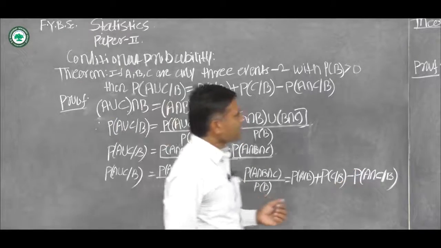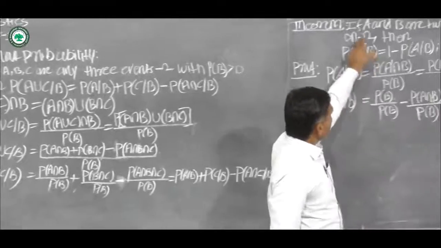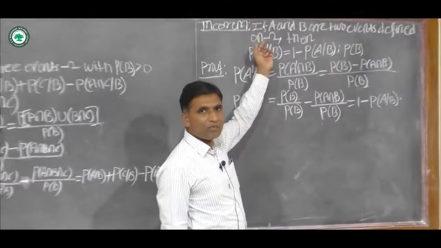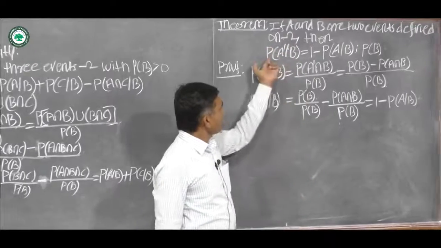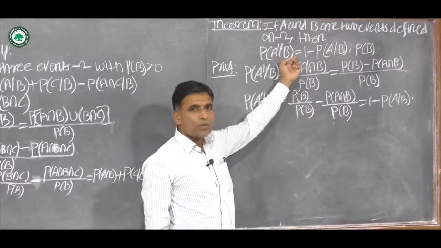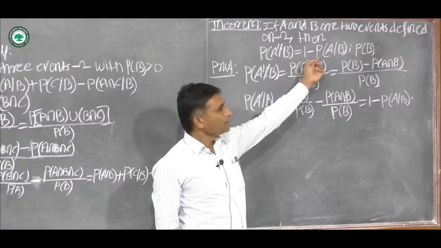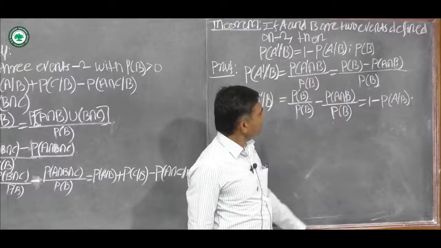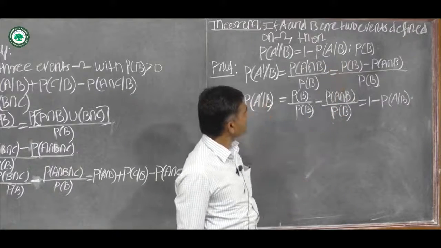Now, the next theorem: if A and B are two events defined on the sample space omega, then probability of A dash given B is equal to 1 minus probability of A given B. Here probability of event B is greater than 0.